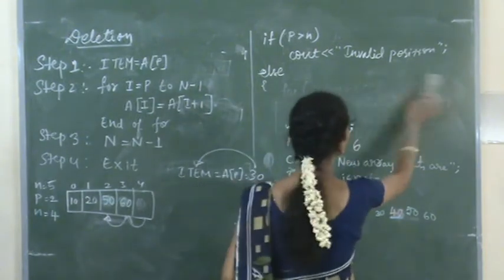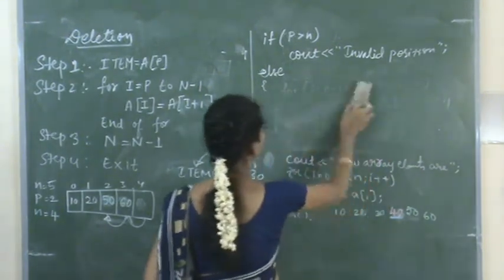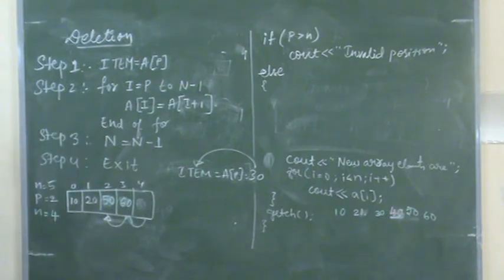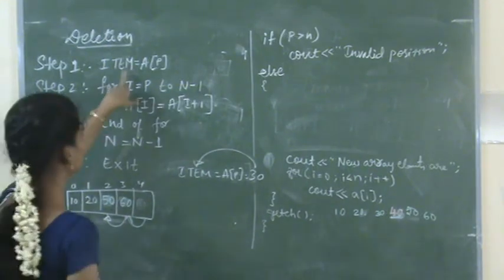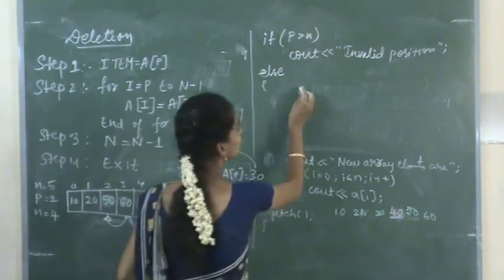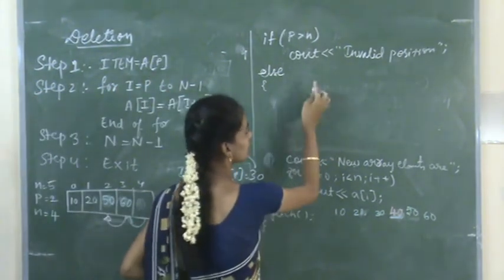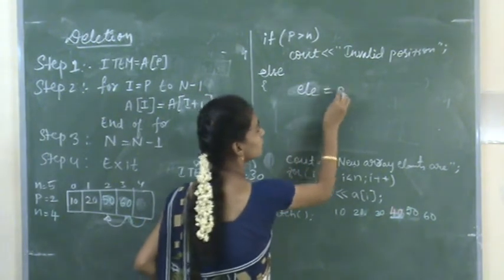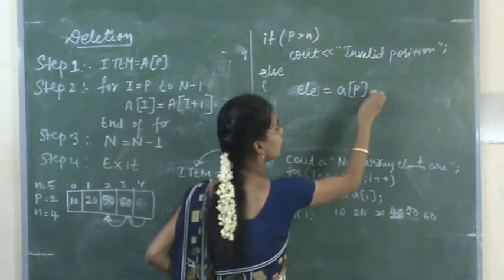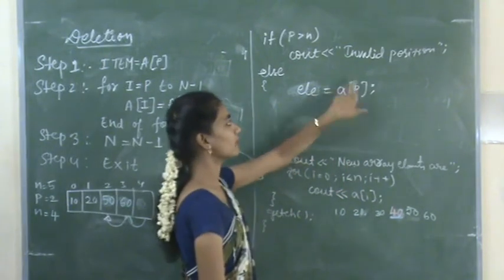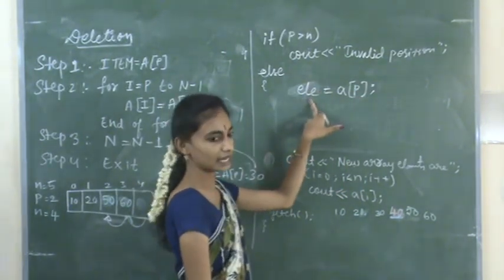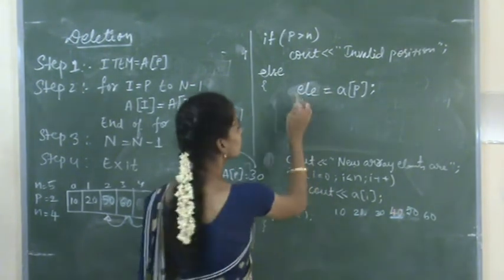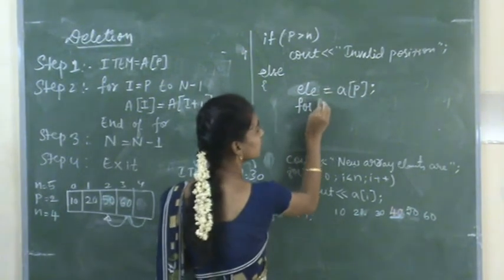First we need to remove the element from the array, so this step comes first: ELE equals A of P, which means the A of P value is assigned to ELE. That removes the element from the array. After this we need to traverse the array.